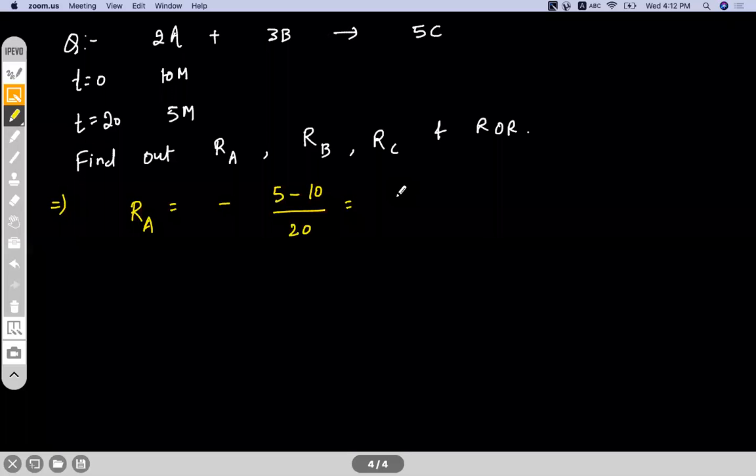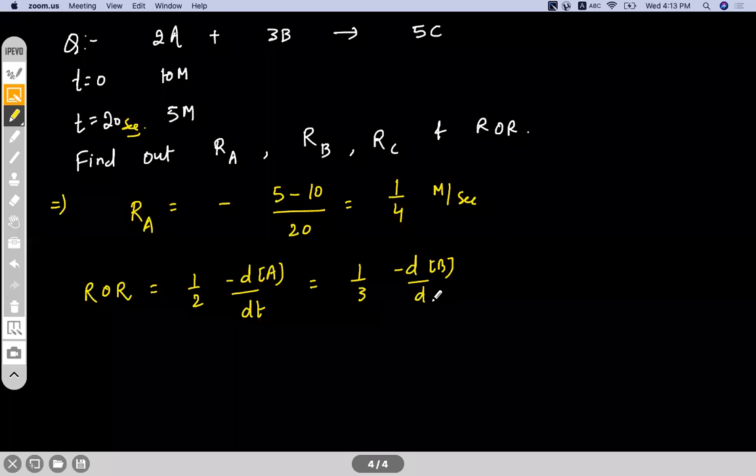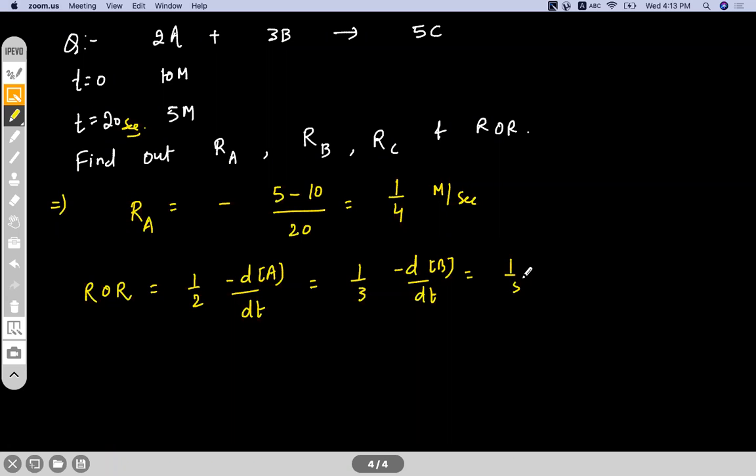And that is 1 by 4 molar per second, supposing the time is given in seconds here. Similarly, we can write for this reaction the rate of reaction is equal to 1 by 2 minus of d[A] by dt. This expression is equal to 1 by 3 minus of d[B] by dt, and then we have 1 by 5 plus of d[C] by dt.